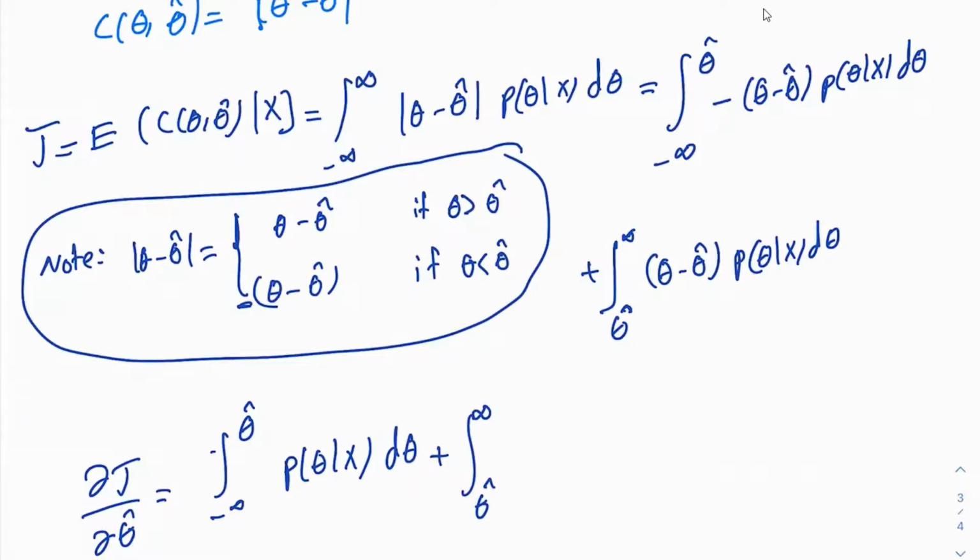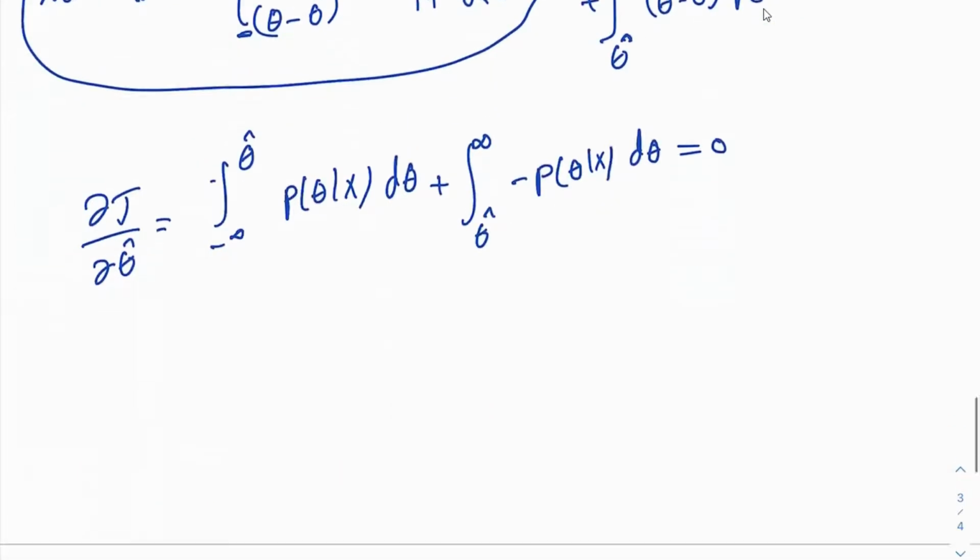This time we don't have any negative outside, we have negative theta hat, so it becomes negative p of theta given x d theta. This is equal to 0.